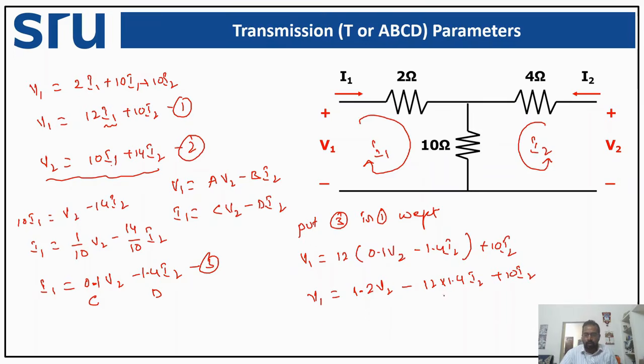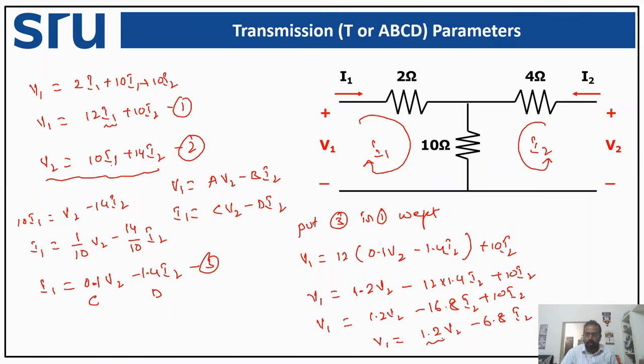Multiplying 12 into 1.4, we get 16.8. So V1 equals 1.2 V2 minus 16.8 I2 plus 10 I2. Simplifying further, V1 equals 1.2 V2 minus 6.8 I2.